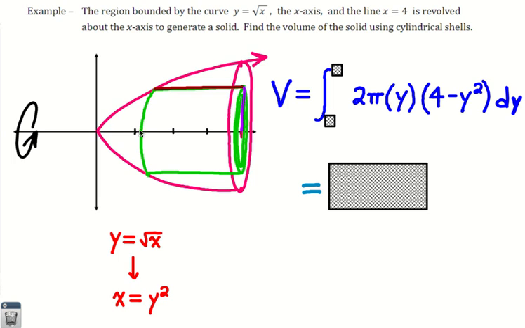So it looks like we're going from here out to here, and so these are y values. So we're going from 0 to where? Where is this intersection? And again, maybe I never should have erased this vertical line, x equals 4. So where is this, okay?